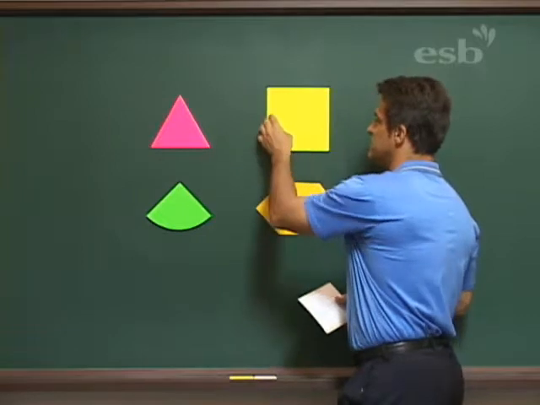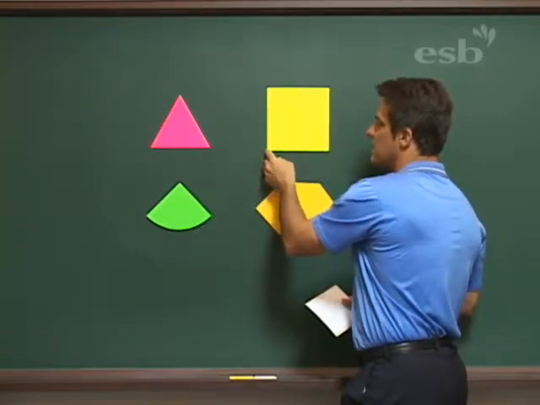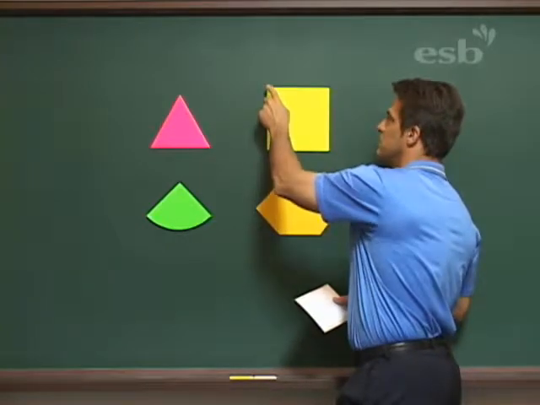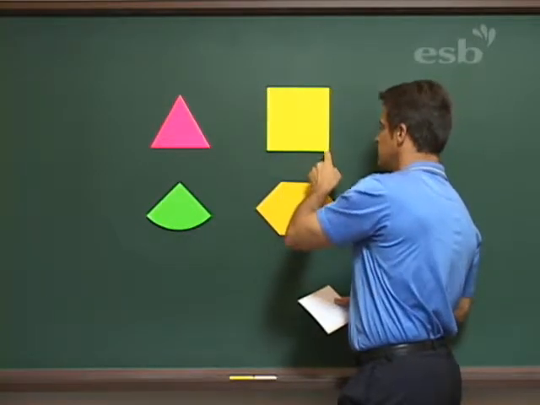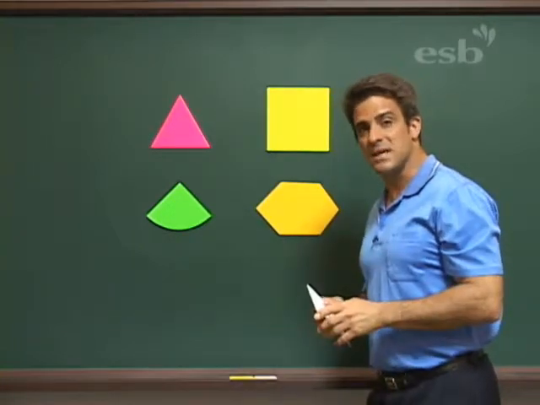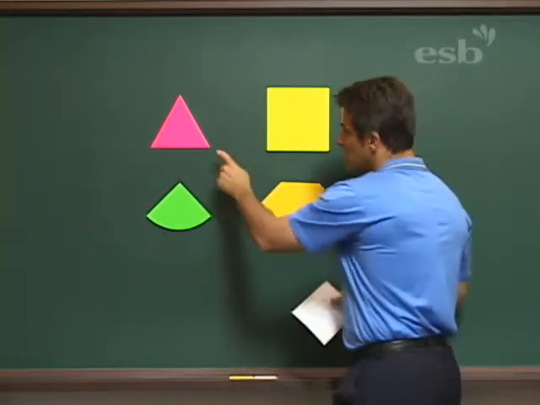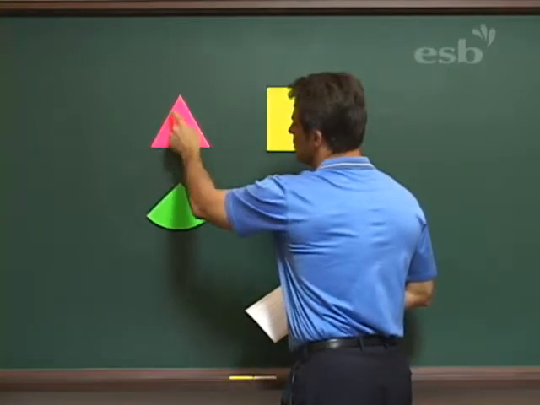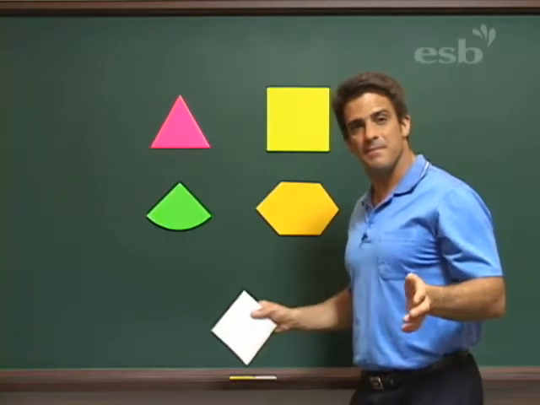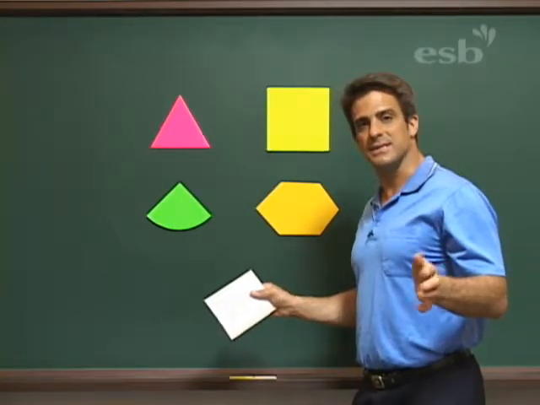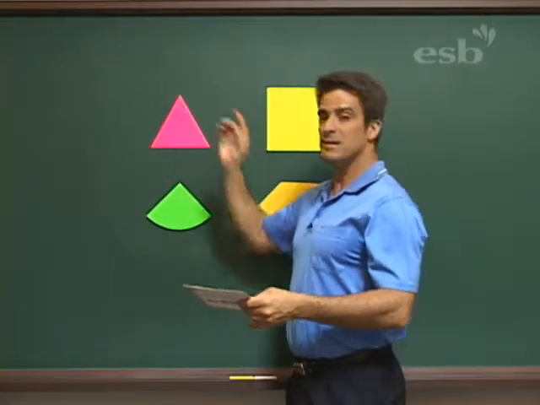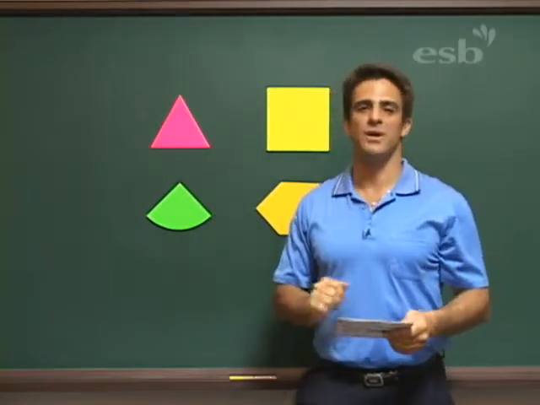The sides are the same length and the angles are the same size. 1, 2, 3, 4 angles, all the same size. 1, 2, 3 angles, all the same size. So the sides and the angles are the same in a regular shape.